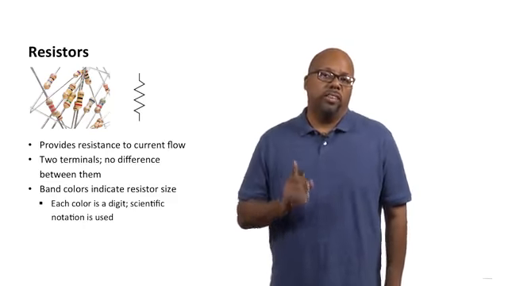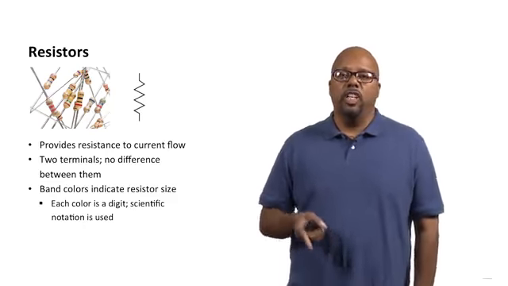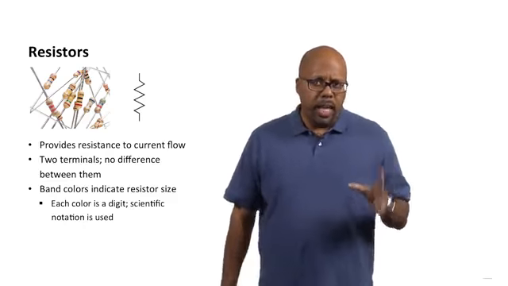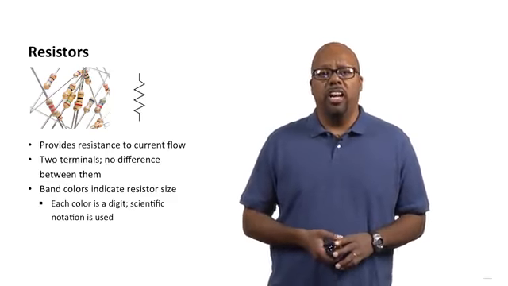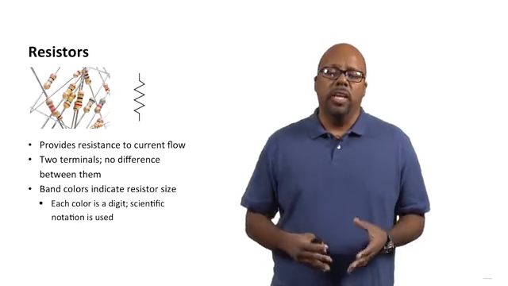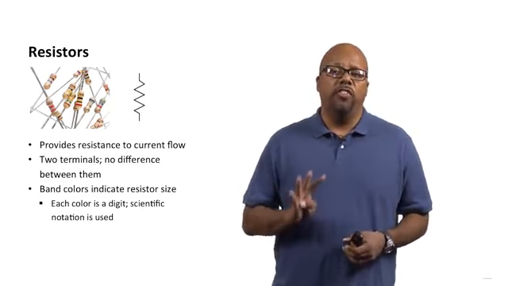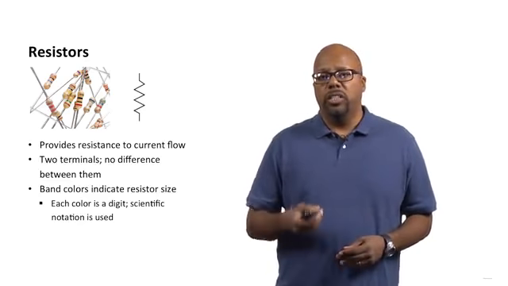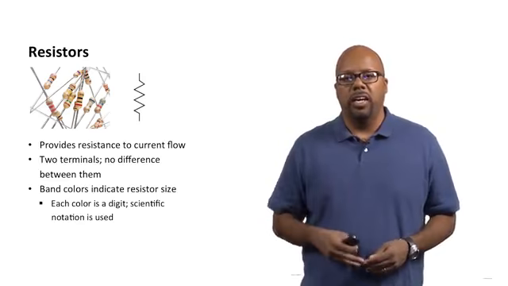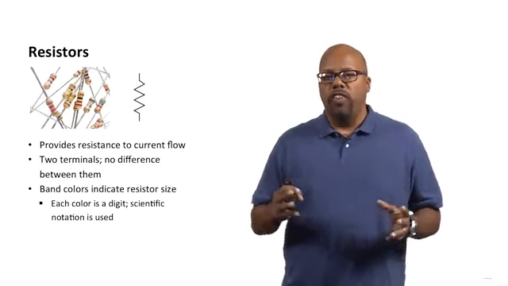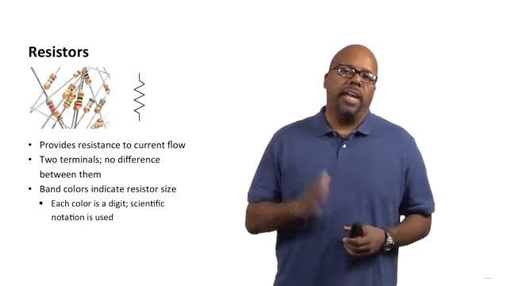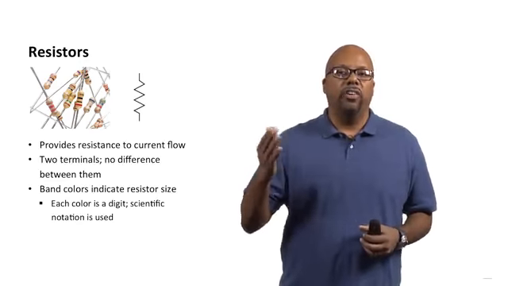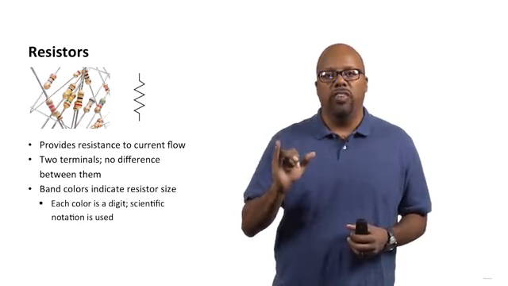Every resistor has a resistance, and that resistance is encoded in the bands on the resistor. I'm not actually going to go through the band coloring, but let me tell you how it basically works. These resistors generally have either 4 bands or 5 bands of different colors. The ones on the screen, it's hard for me to see at this distance, but I think it's 4. So one of the bands at one end is always the accuracy of the resistor value.